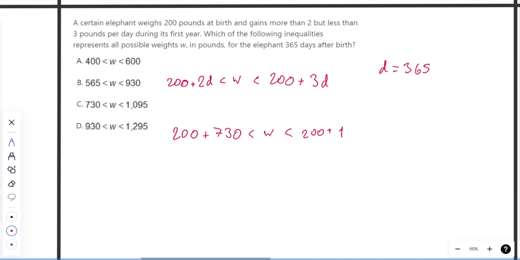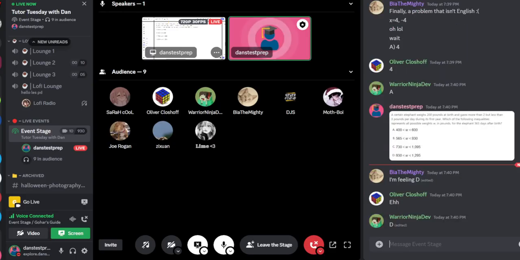It's 900 plus 180 is 1080 plus 15, so 1095. So once we simplify this, we get down to the weight being between 930 at the low range and 1295 on the high range. Yeah, you guys got D.